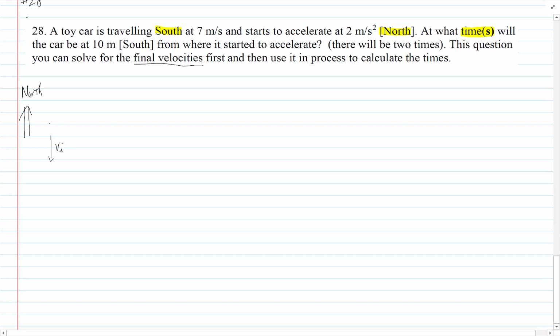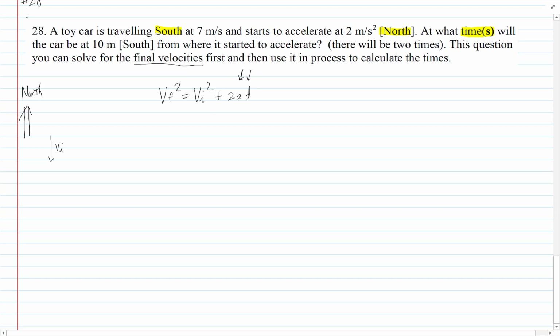We have to choose a positive and negative in here because of our kinematic formulas, and one of the ones that we'll be using will be VF squared equals VI squared plus 2AD. The A and the D are vectors, and it's one-dimensional. But to use a number in here, we can't just say north and multiply it.